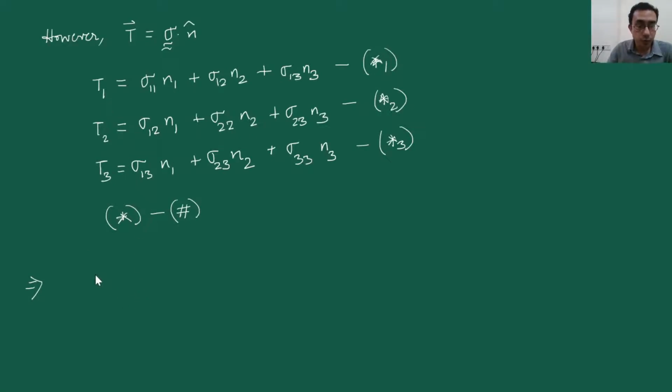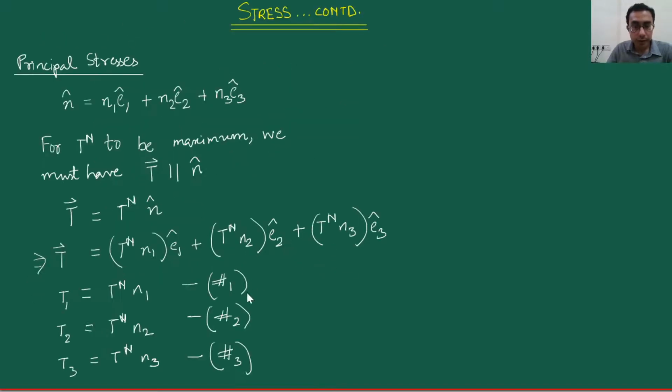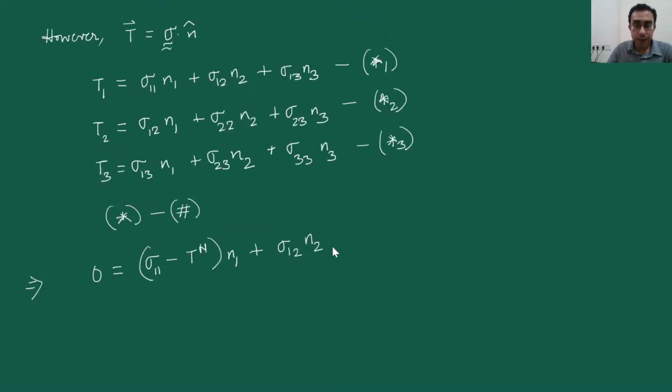So this is going to give me 0 is equal to (∑11 minus Tn) N1 plus ∑12 N2, because you note here I have no contribution from N2 and N3. So this is what I obtain.